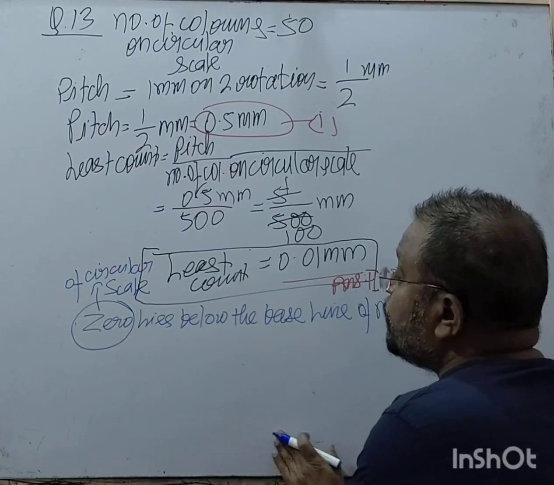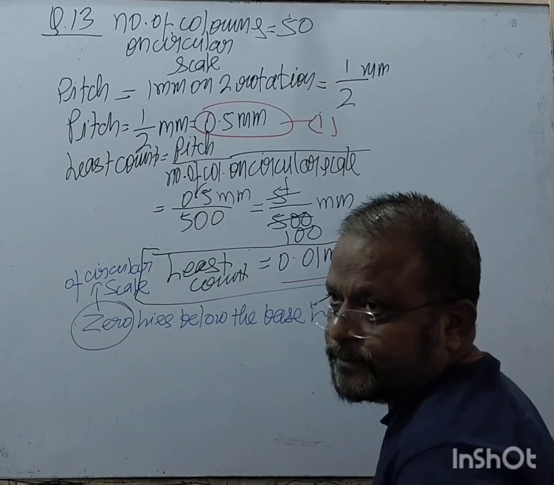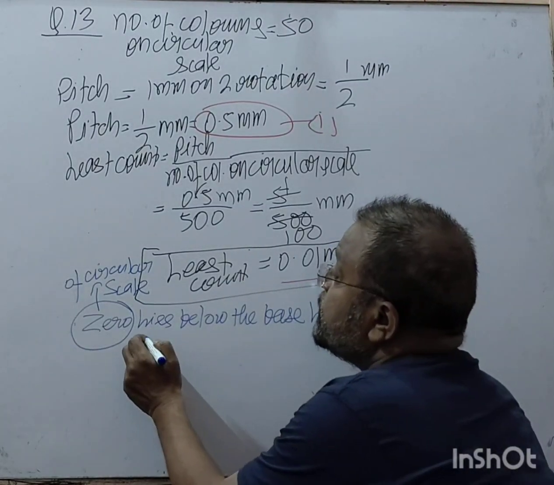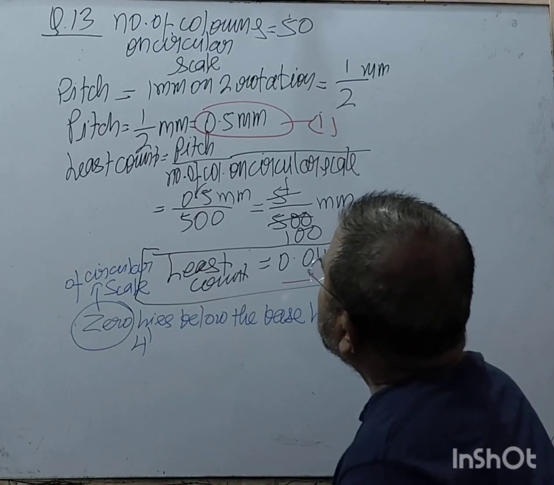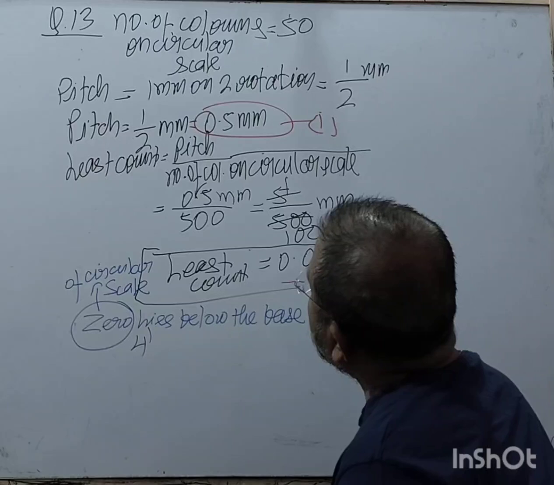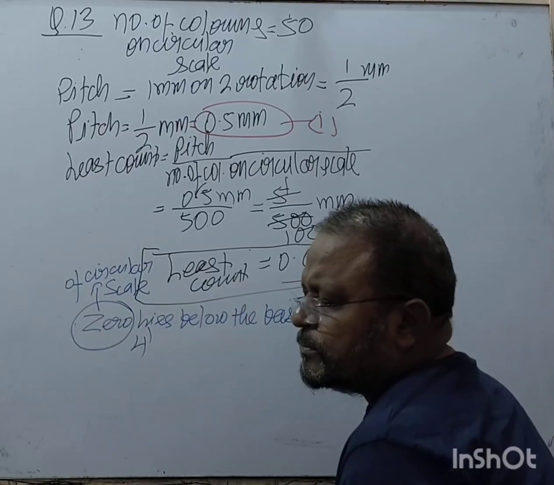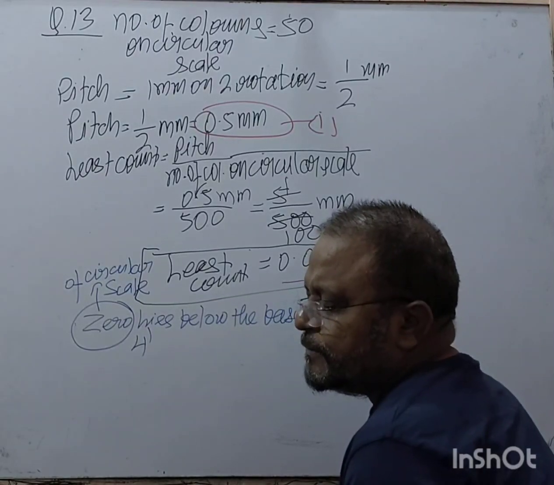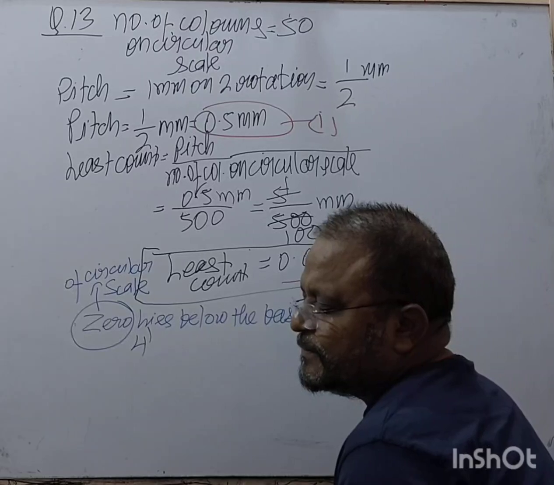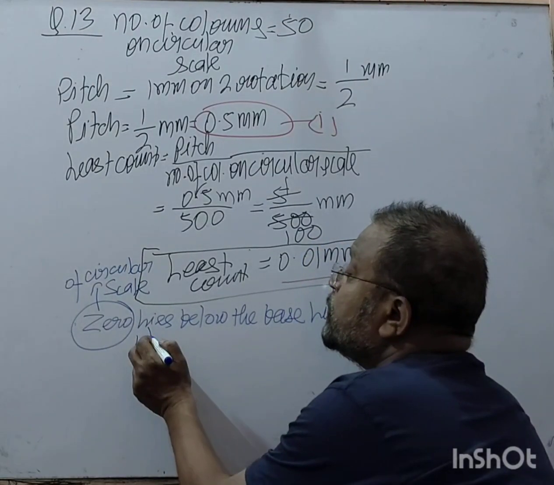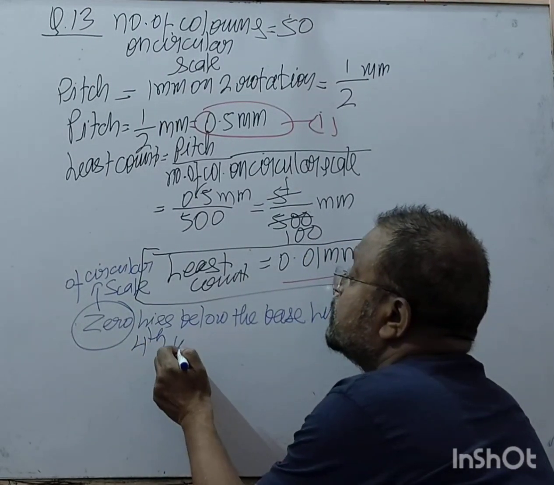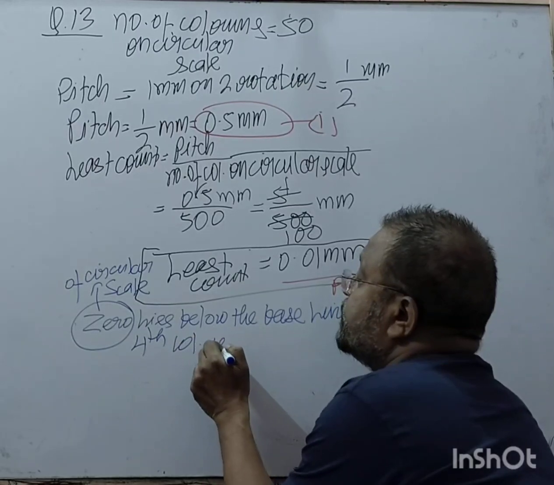And the 4th column is coinciding. What is written there? The zero of the circular scale lies below the baseline and the 4th division of the circular scale is in line with the baseline. The 4th column coincides.